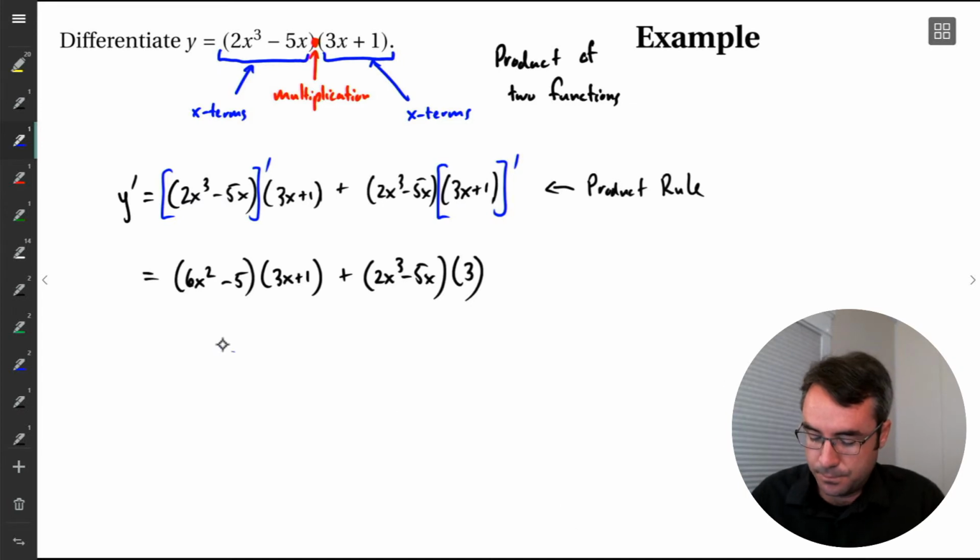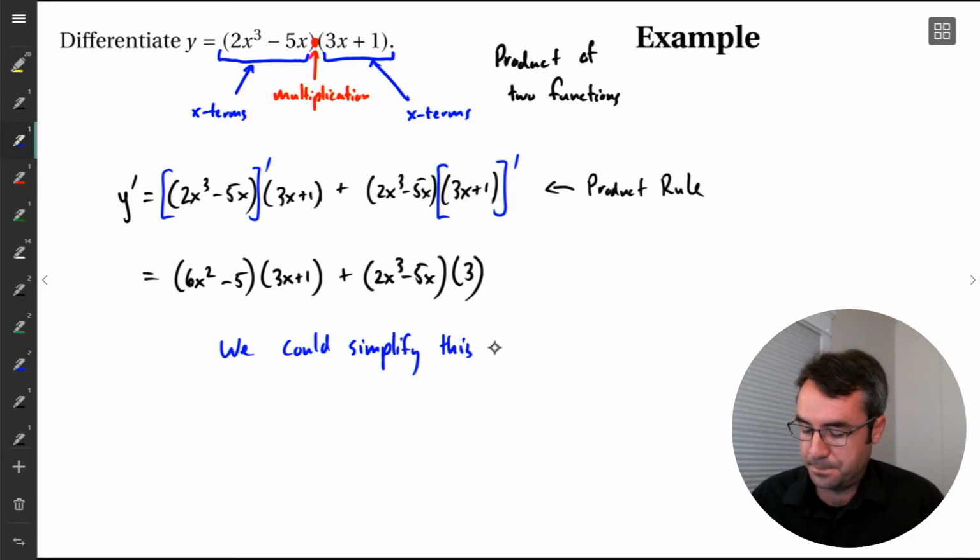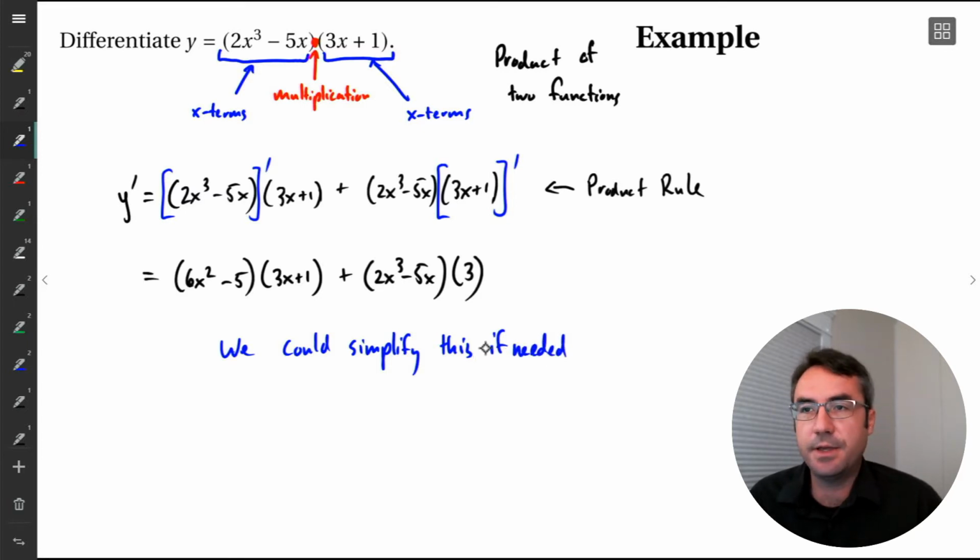We could simplify this if needed. As you're just starting out on these, just worry about getting the derivative. But there are things we could do here to simplify this down, multiply everything out and go on. As we'll see in the next example, and it also is true for this one, technically we didn't actually have to do product rule.